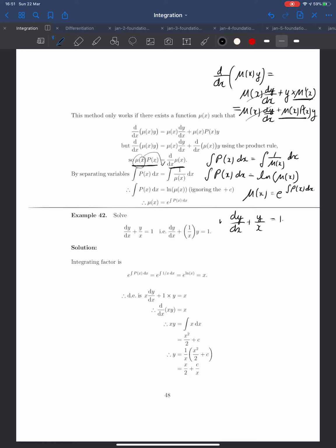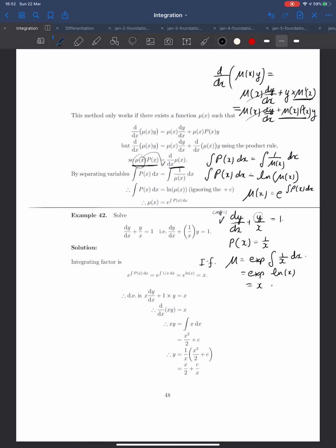So coefficient 1, tick. With p of x here being 1 over x, because it's everything apart from the y in this second one here. So mu is the exponential of the integral of 1 over x dx. That's the integrating factor. Every time it is the exponential of the integral of the function of x that's multiplying the y once you've got coefficient equal to 1. So this is the exponential of log x, which is actually x.